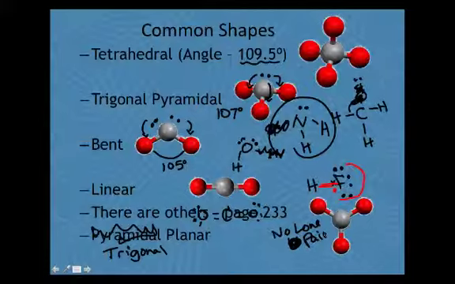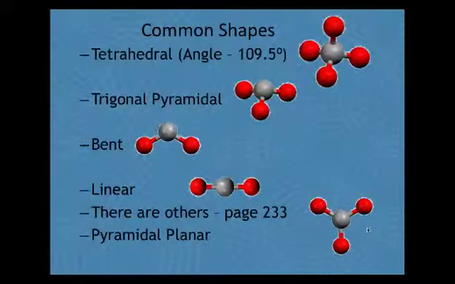No lone pairs to squish things out of the way. So you have to look and see how many electrons are there, how many bonds are there, and how many lone pairs of electrons are left behind. And that will help you to determine what shape that molecule will be. And shape determines a lot of things about the properties.